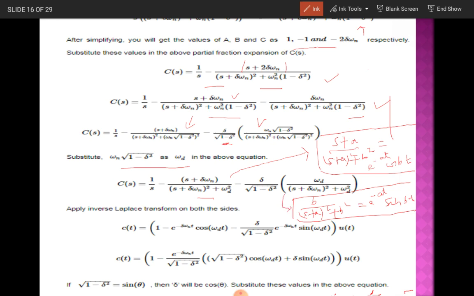So instead of a, here it is del omega_n, instead of b, here it is omega_d. Now you can take the inverse Laplace transform for this expression.